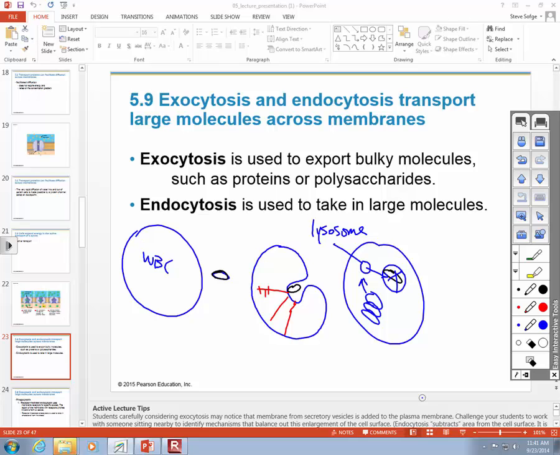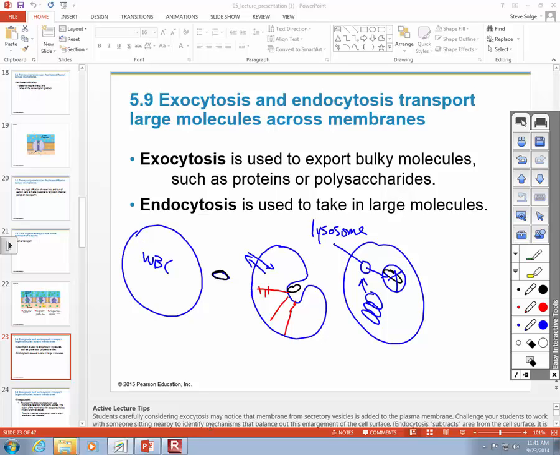You're just digesting whatever you brought in. So this is a bulk transport. We're not just moving something back and forth across the membrane. We're pulling in large amounts of solid material, and this is an endocytosis to bring to the interior.